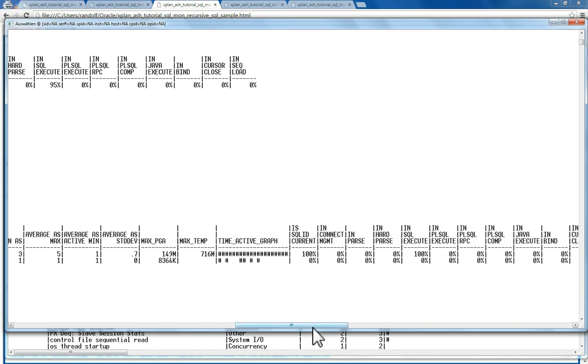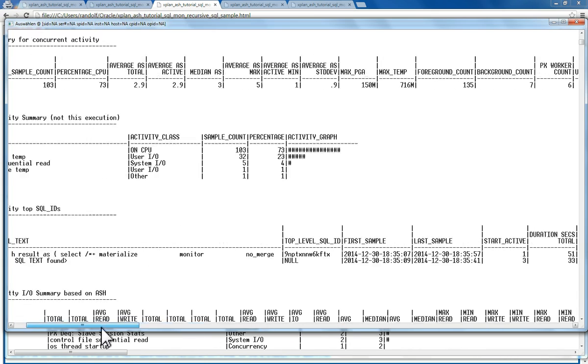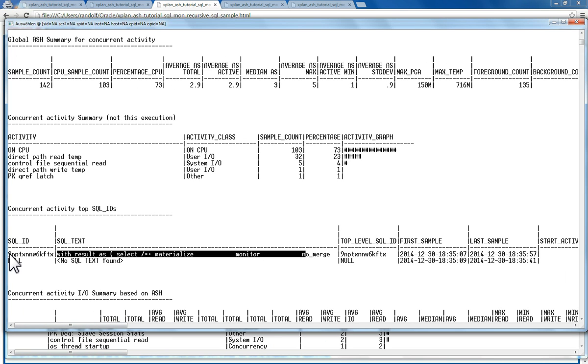One thing that I think I haven't made entirely clear is that whereas the main explain-ash analysis is about a single SQL execution, of course this other activity and this concurrent activity in principle can cover many different executions of these SQL IDs. So this is not necessarily representing a single SQL execution of these concurrent and other activities, but is a summary of these different executions.